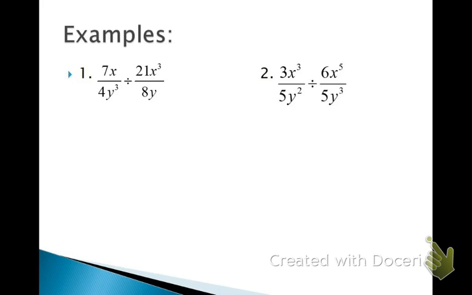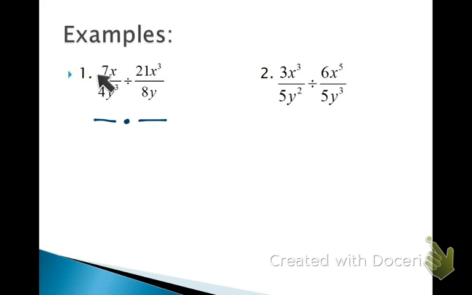Give me a second to finish writing down at least number 1. Okay, so before I worry about anything else, anything at all, I want to change this into a multiplication problem.